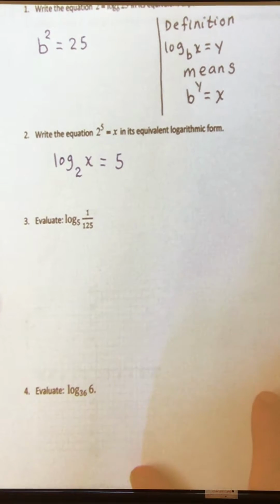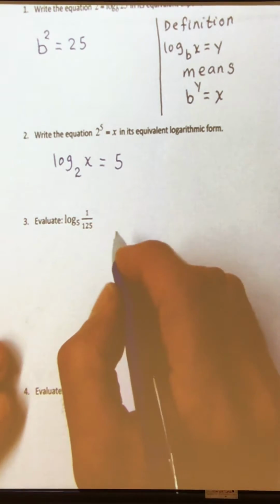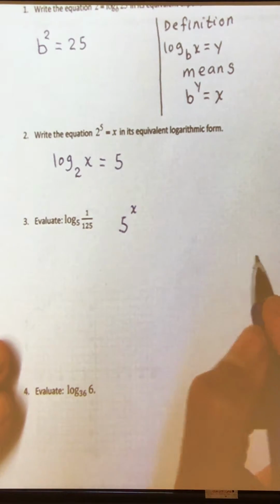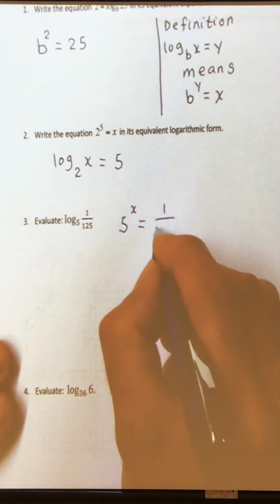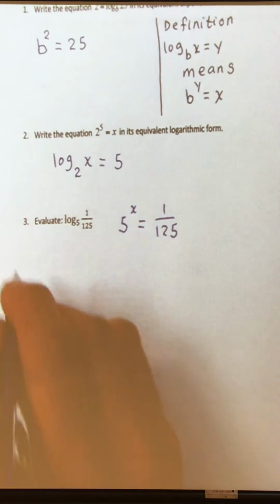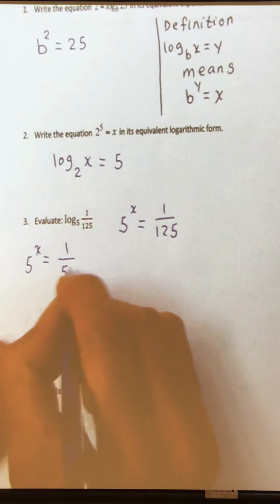Problem 3. Find the value of log base 5 of 1 over 125. Okay, using our definition from above, this means 5 to what power, let's say it's x, is equal to 1 over 125. Well, 125 is the same thing as 5 to the 3rd power.